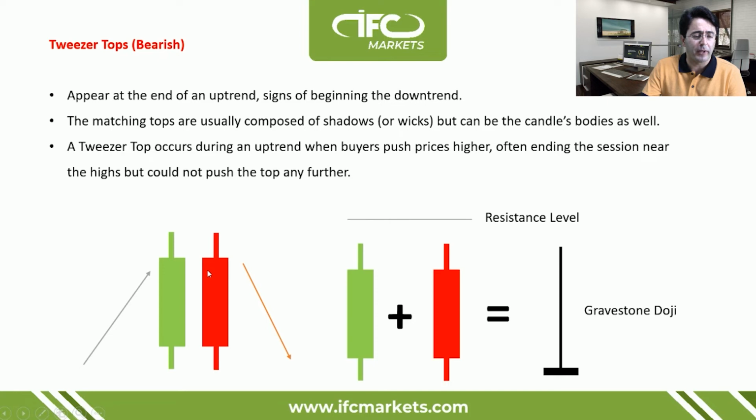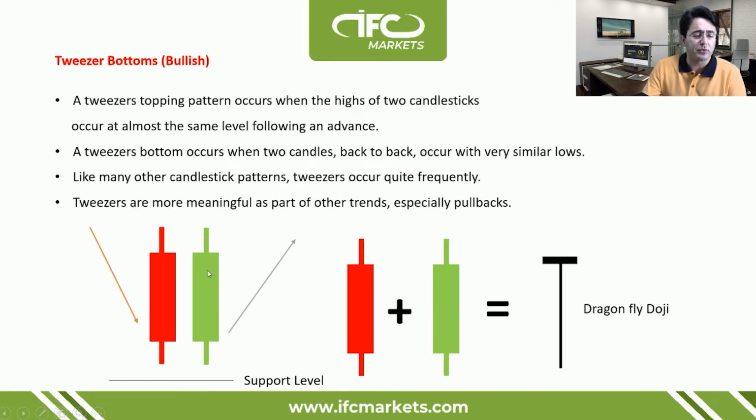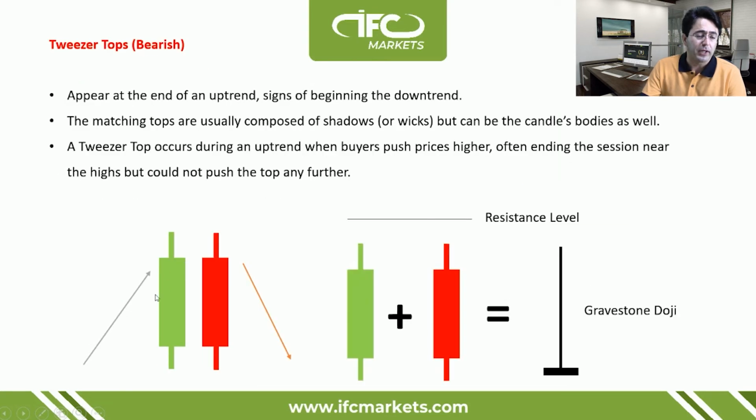Both of them are signals of changing the current trend: if it's the tweezer bottom, to an uptrend, and if it's the tweezer top, it means the changing of an uptrend to a downtrend. So this is another kind of candle. Let's go to see the next.